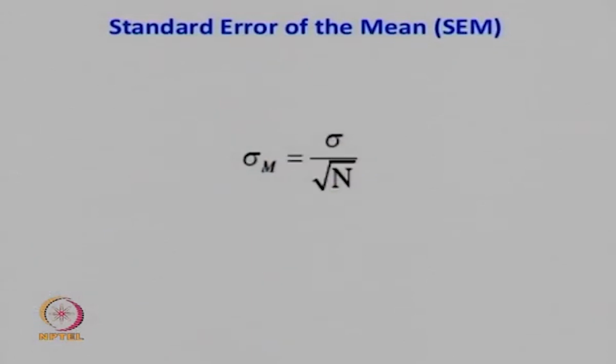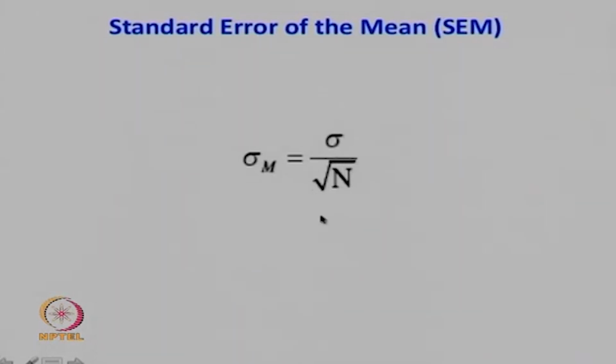Now, when we are handling biological data, let us say you do an experiment where you measure how fast cells move, you have huge heterogeneity in the data, so your error bar is going to be humongous. One way of reducing this error bar is not by plotting the standard deviation, but by plotting the standard error of the mean, defined by sigma m is equal to sigma by root of n.